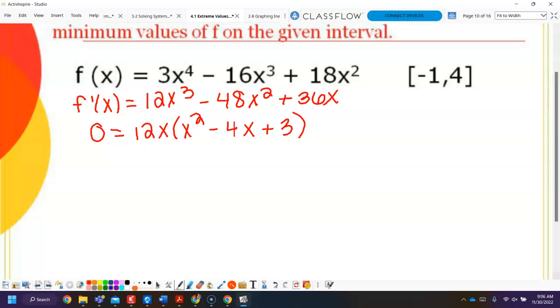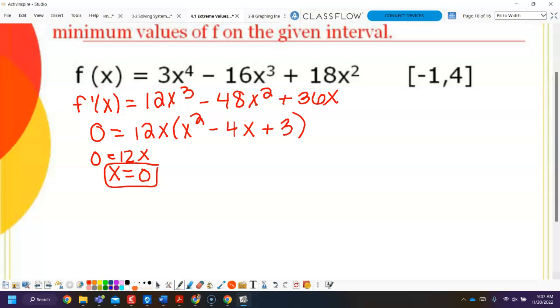It is cubic, so I'm looking for 3 values at which this is going to be 0. The first value is at 0 itself. The second value is going to occur at the zeros of the quadratic.